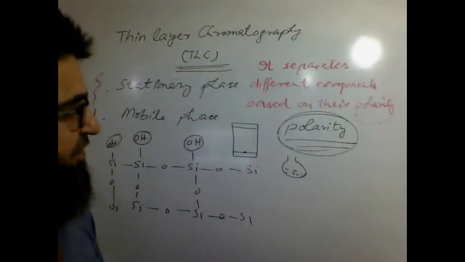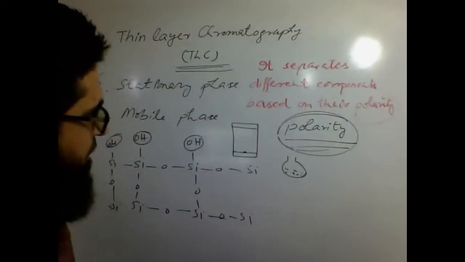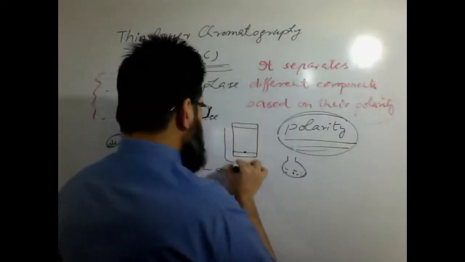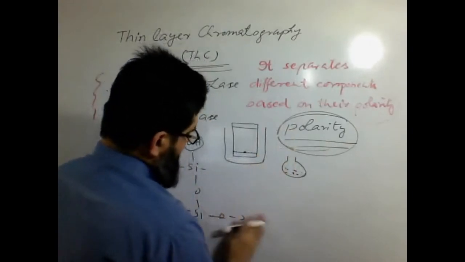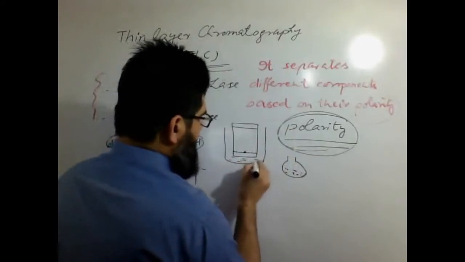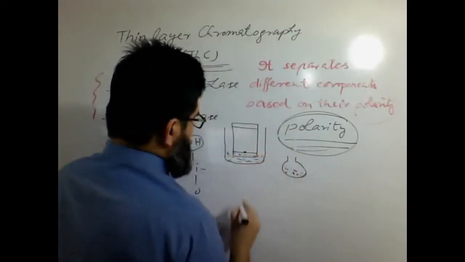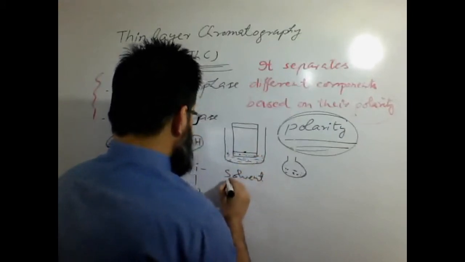We let it dry for a few minutes. After a while, we take this plate and put it into a glass beaker. This glass beaker carries the mobile phase, some sort of solvent.